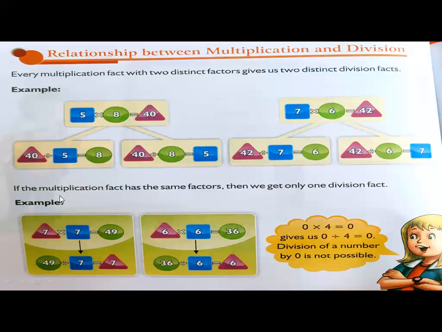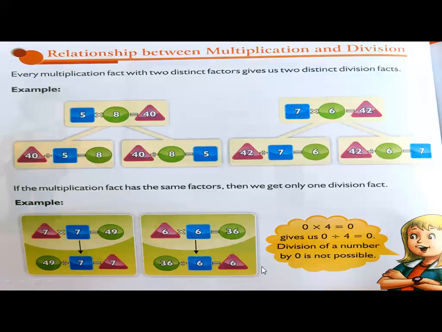Also, if the multiplication fact has the same factors, then we get only one division fact. That is, if you have the same factors like 7 multiplied by 7 is 49, you can write only one division fact, that is 49 divided by 7 is 7.